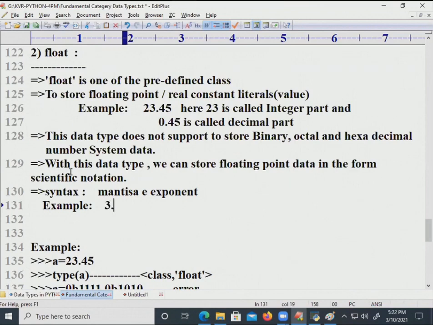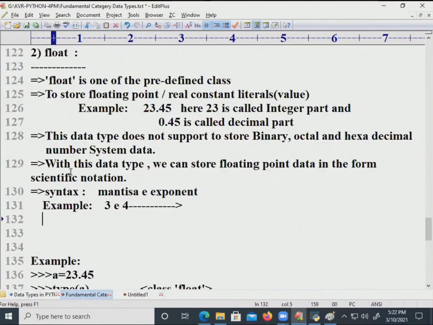3E4. Immediately you do the calculation there. Do one more thing, 3E minus 1. Do the calculation immediately, which I showed you on the main screen. 3 into 10 to the power of 4.